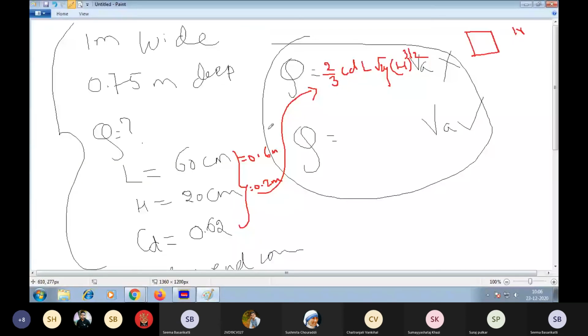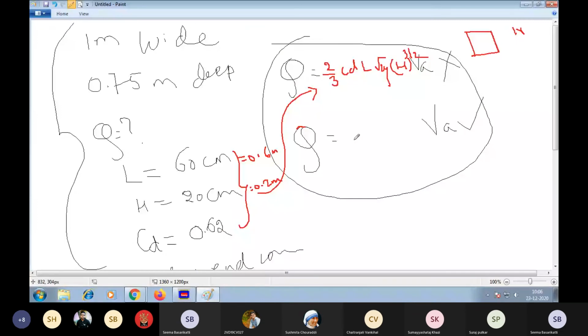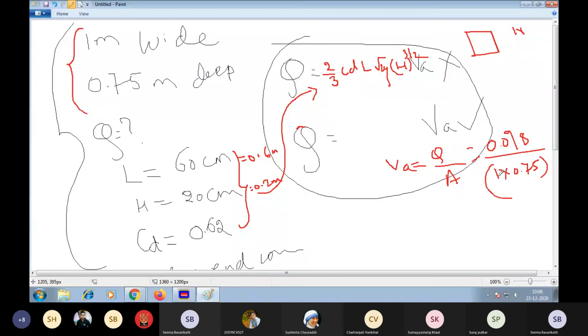And simultaneously calculate the discharge by considering the velocity of approach. The velocity of approach is discharge by area of the channel. Discharge we have identified, so it is 0.098 divided by the area, 1 into 0.75. Calculate the velocity of approach. Additional head is VA square divided by 2G.